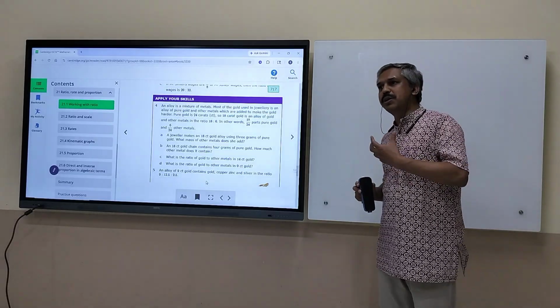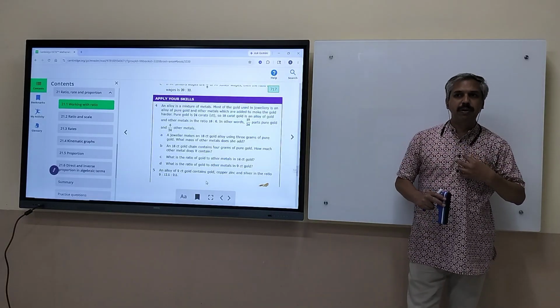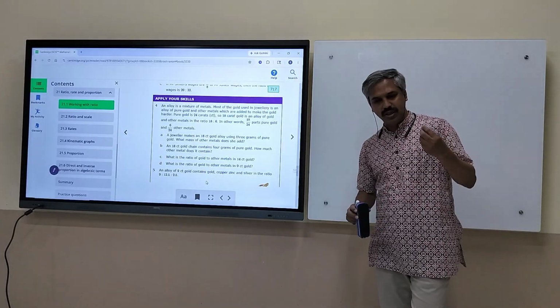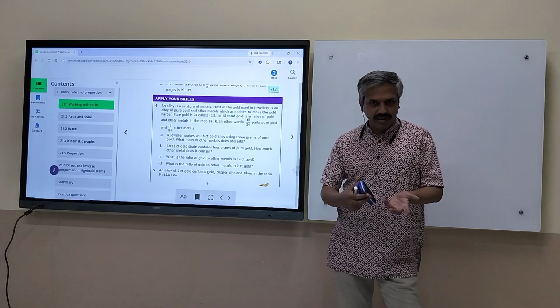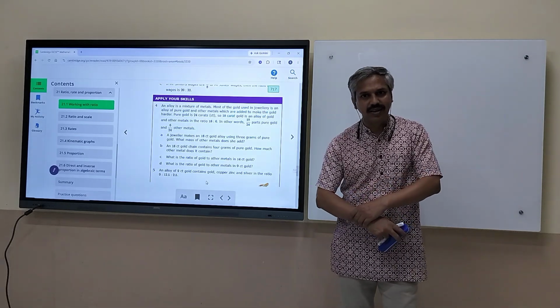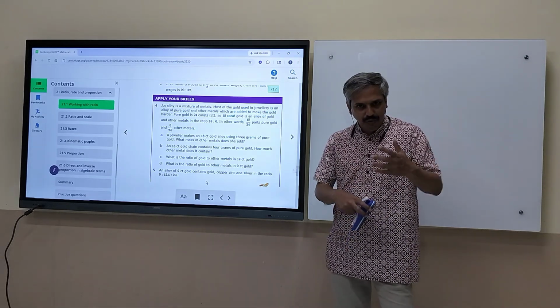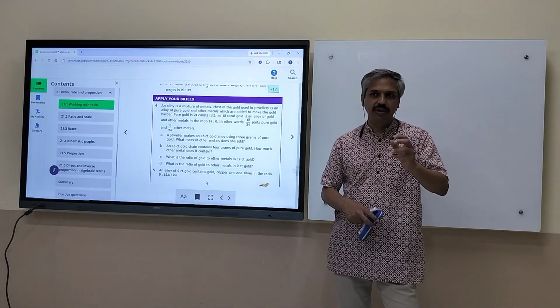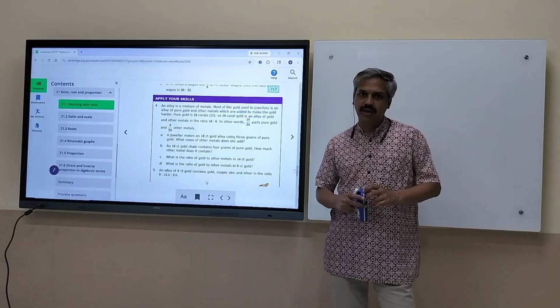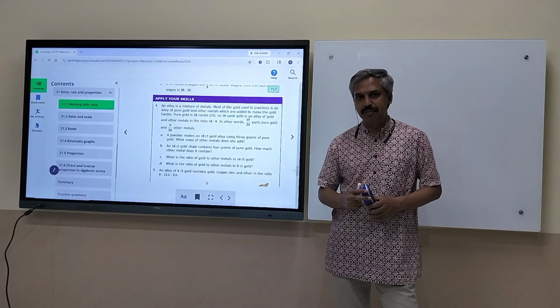Gold is popular, and people wear gold chains, earrings, rings or bracelets, but gold is very difficult to be given any kind of shape. You have to mix it with some other impurity.